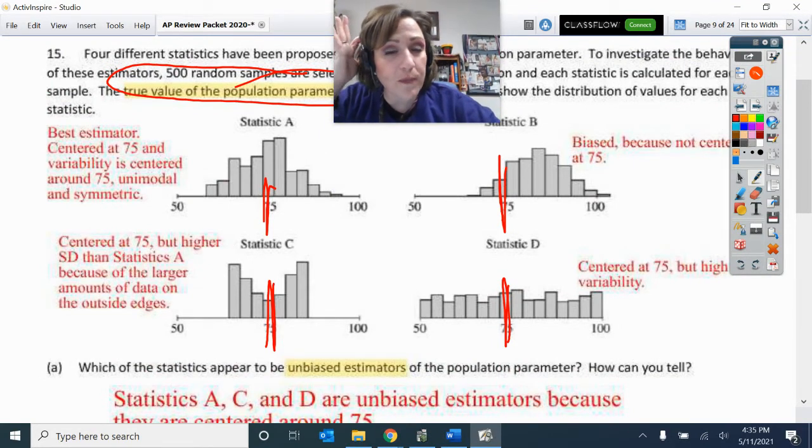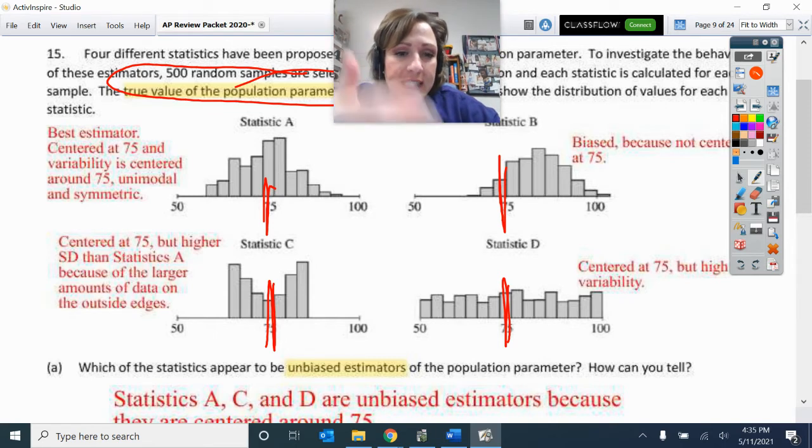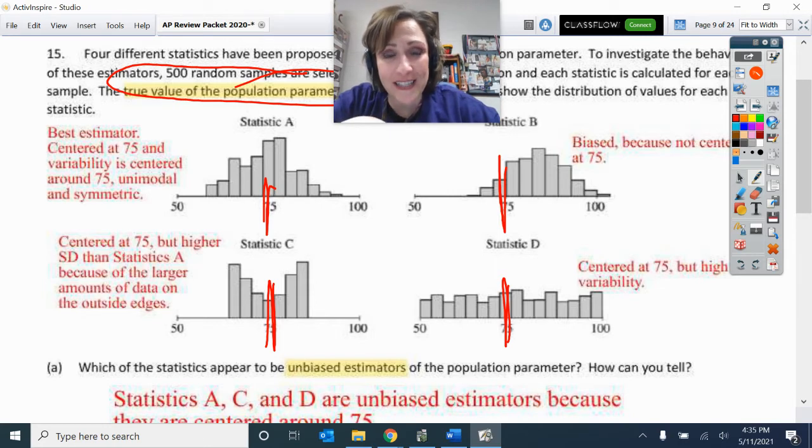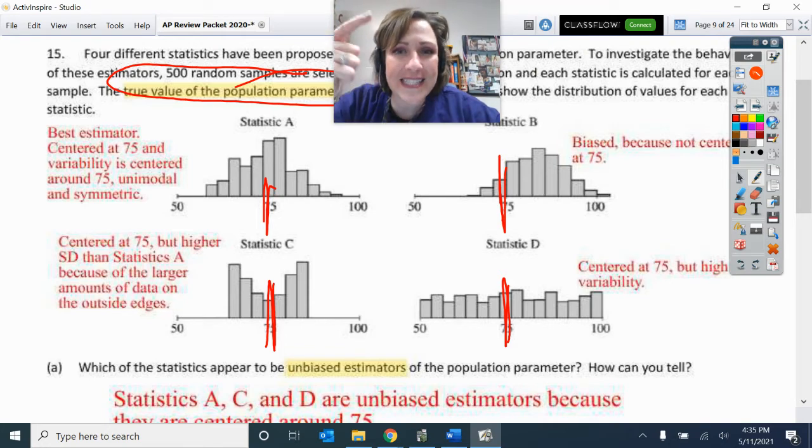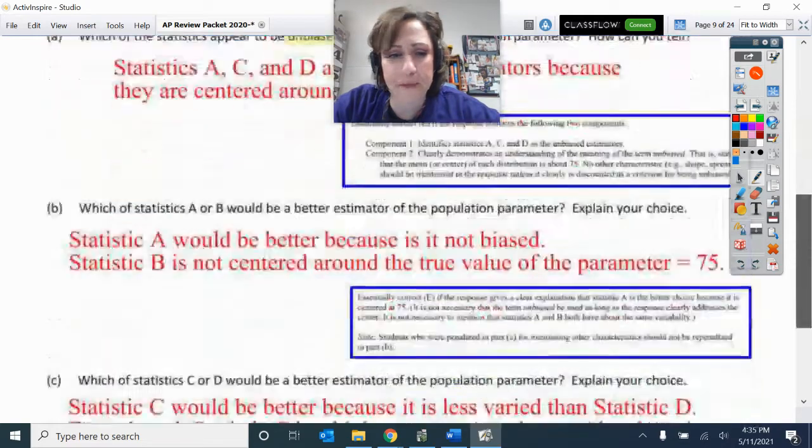C is much better because it's less varied. Now, it's not as good as A, but it is better than D. So in order of the best representation of the population, I would say A is the best, C is the next best, D is the third, and B is the worst because it's not even centered in the correct place.